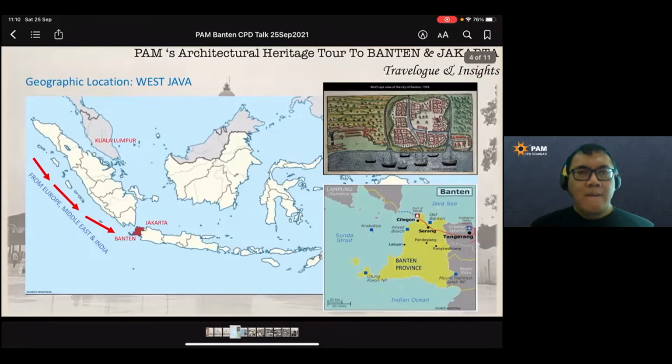There's a trading post here for the Dutch, and people coming from Europe and the Middle East stop by here. They use it as a trading post. Okay, we go to the next one.